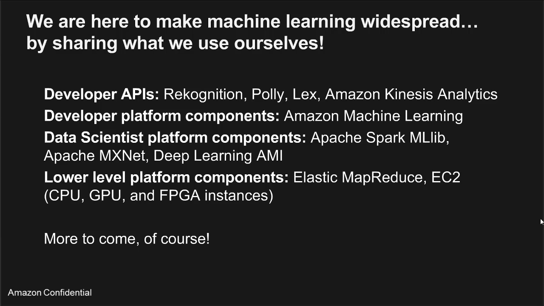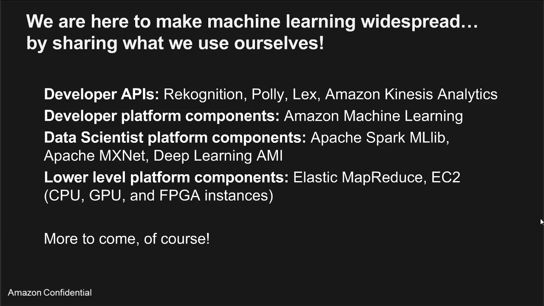So our objective here is really to make machine learning widespread. In AWS, we want the customer to be able to use machine learning in any place they have data for any problem that they want to use it for.